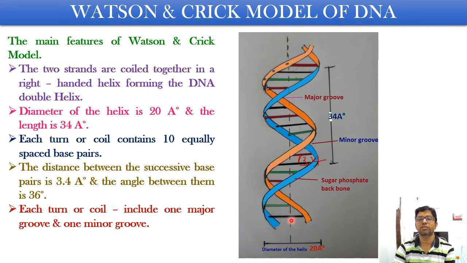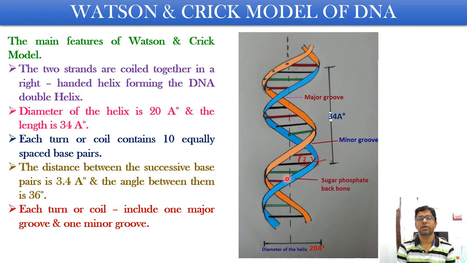This is the long axis of the DNA molecule. As a result, a DNA double helix is formed. The diameter of the helix is about 20 angstroms, and the length of each coil or turn is about 34 angstroms.